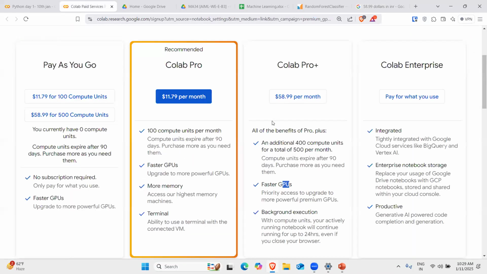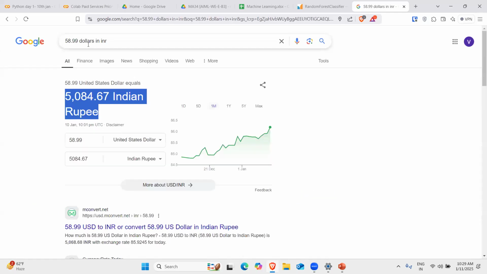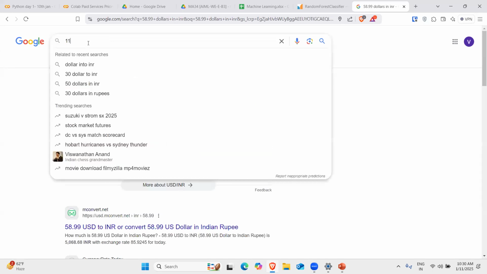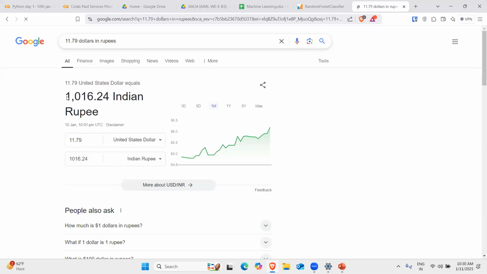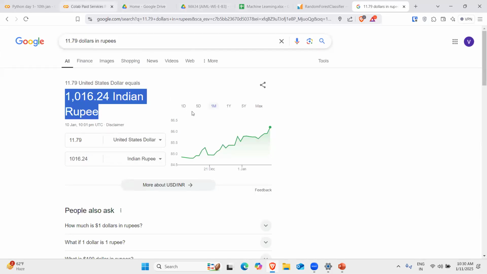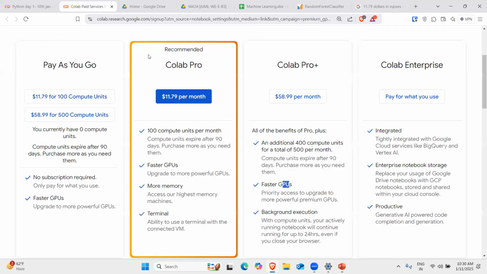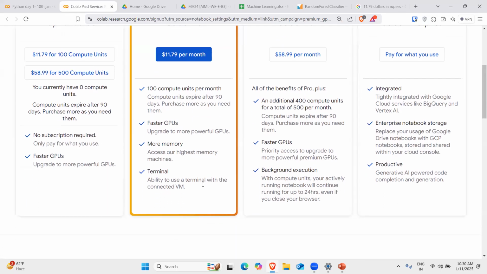For individual tasks, it is 11.79, which comes up to somewhere around 1,000 rupees, right? So you can think on this if you are very serious about computation and working on projects, but that is not recommended as of now.